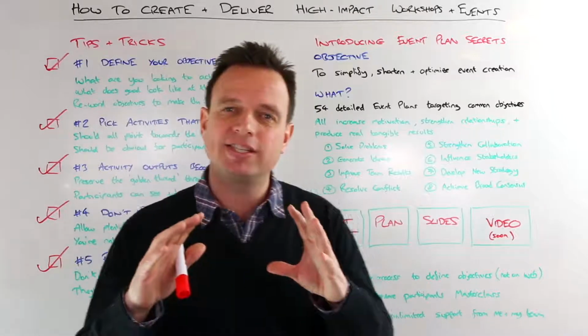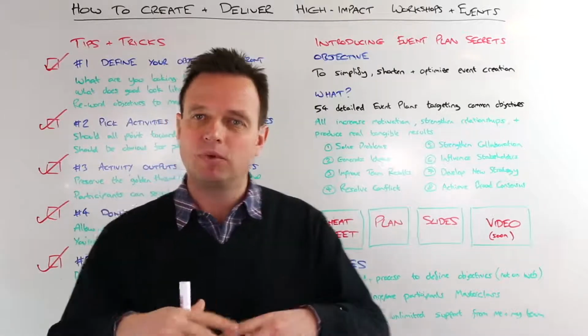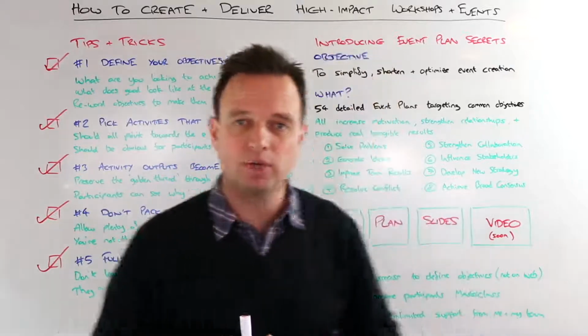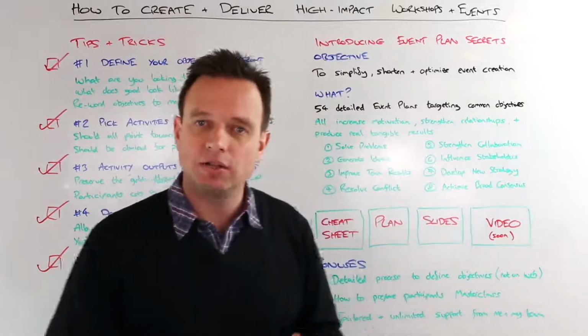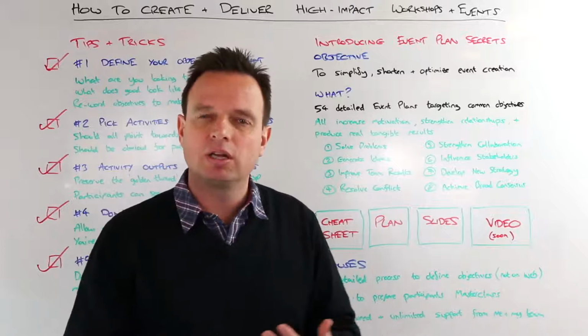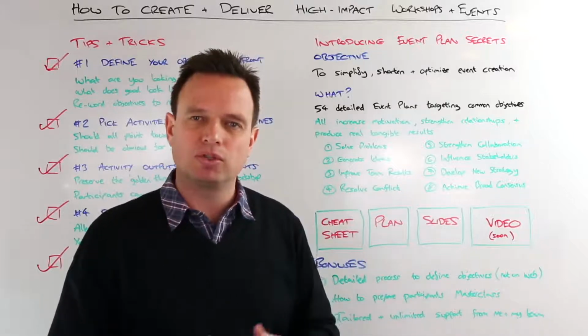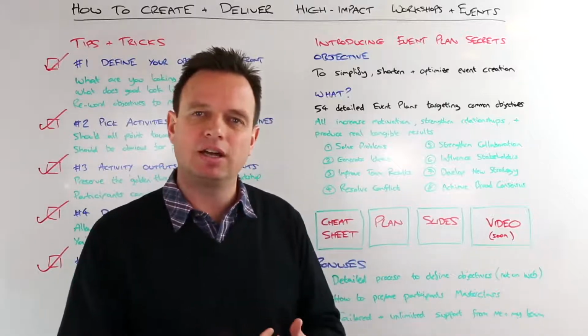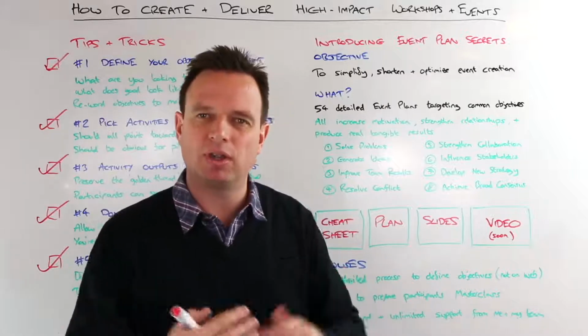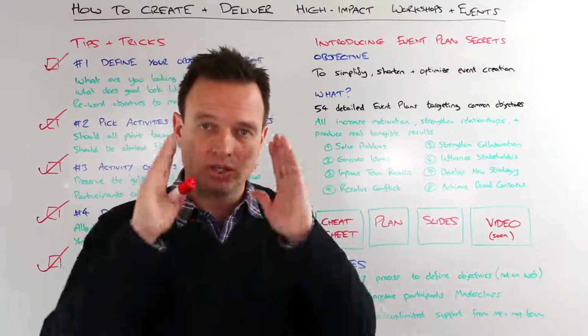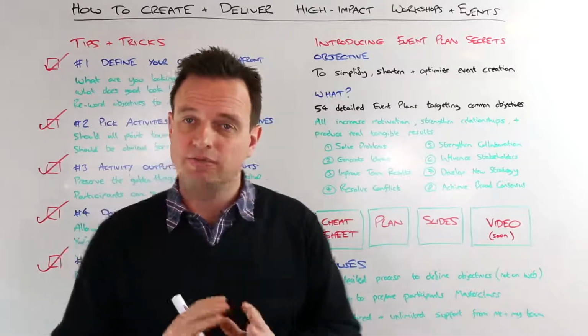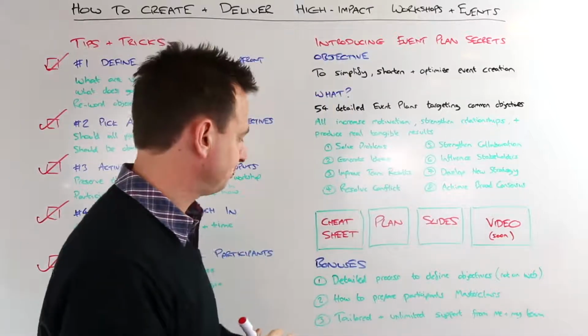But I'm creating a video using this whiteboard here about each of those events to try and bring them to life a bit more. So you've got an easily digestible way of seeing whether an event is going to meet the objectives that you're looking for.